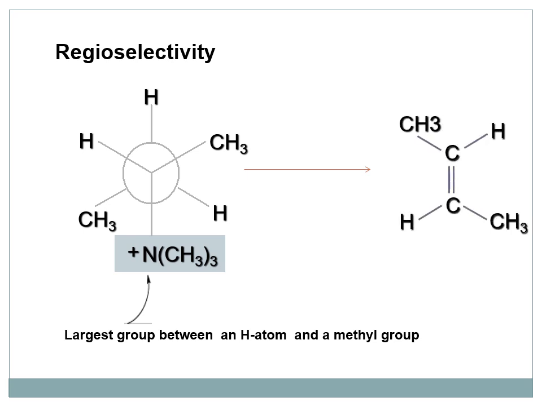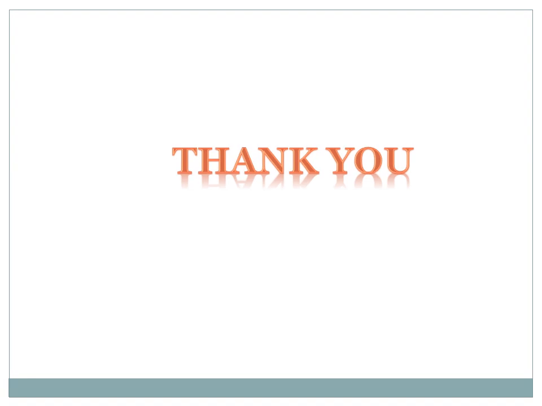So conformer 1 that we saw earlier is more stable and leads to form but-1-ene as major product in comparison to conformer 2, which is less stable, having more steric effect influence. Thank you.